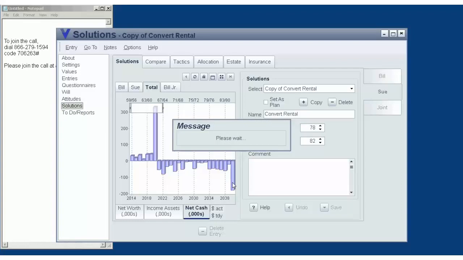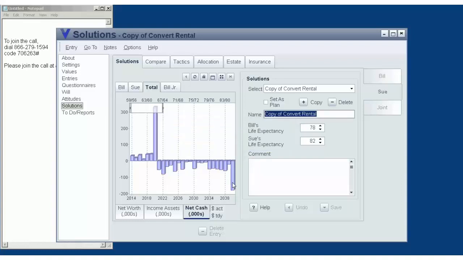We don't get that immediate tax advantage and that immediate higher cash flow. So I'm just going to call this one convert, CCA, NA. We're not going to apply a CCA claim.